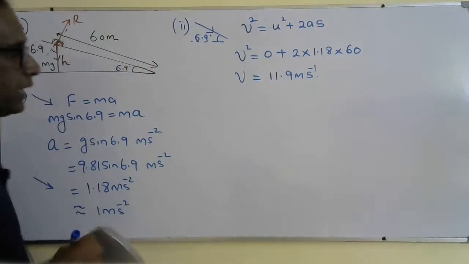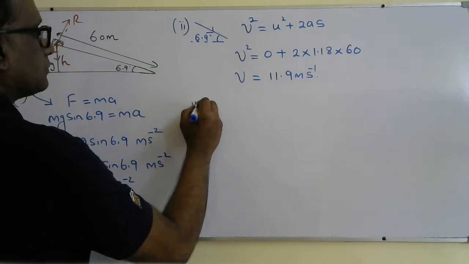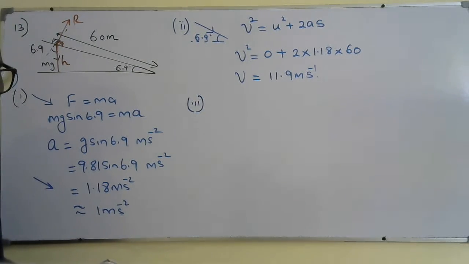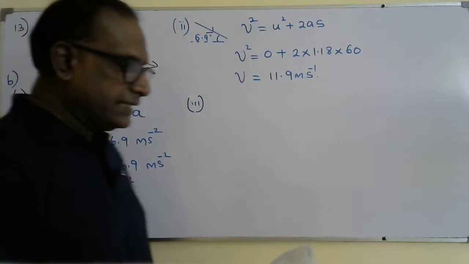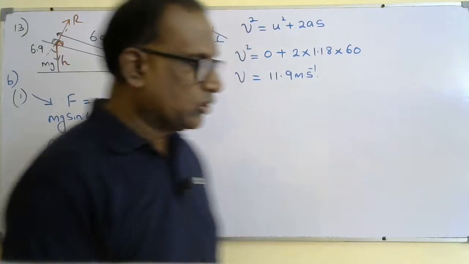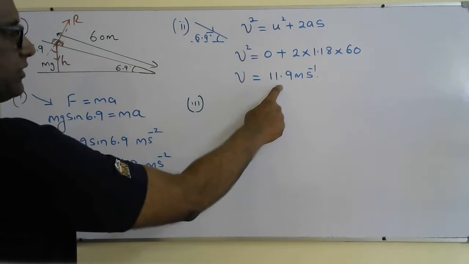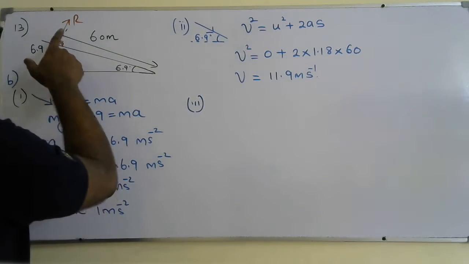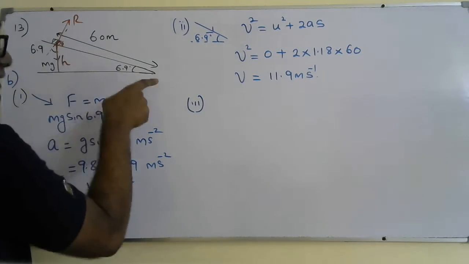Okay, so the third part: determine the time taken for the sledge to travel to the end of the slope. We already found the final velocity, and I know the distance it moved, so I need to find the time taken.